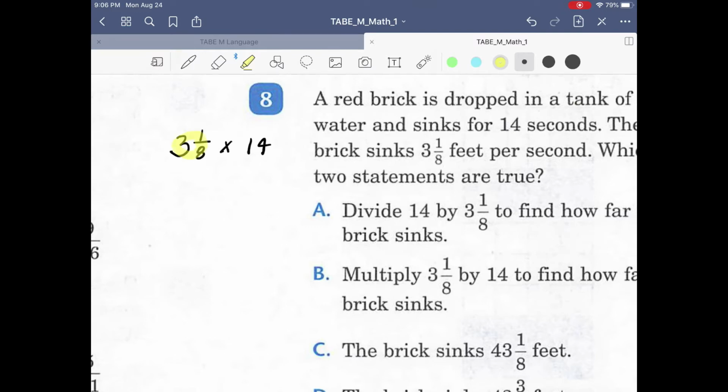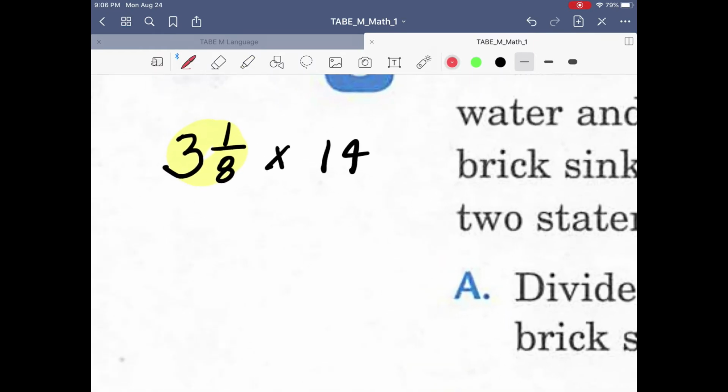So we want to get this one into improper form. 8 times 3 is 24, plus 1 is 25 over the 8. And then the 14, we just need to put a 1 under there.